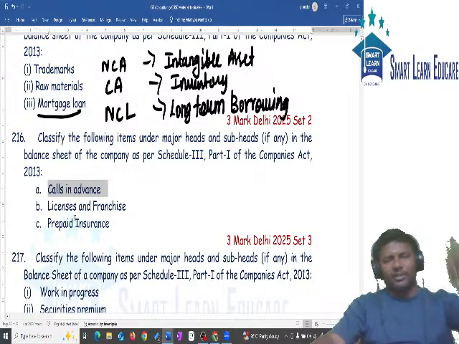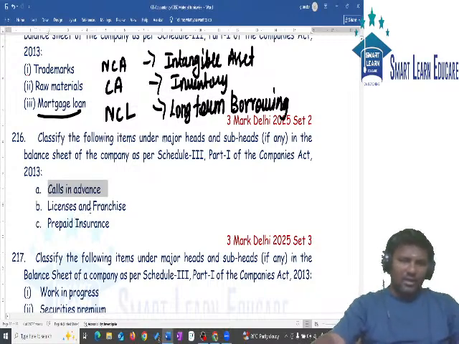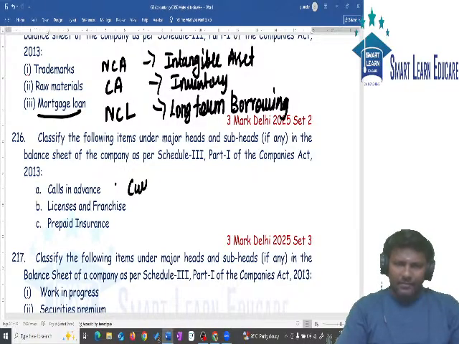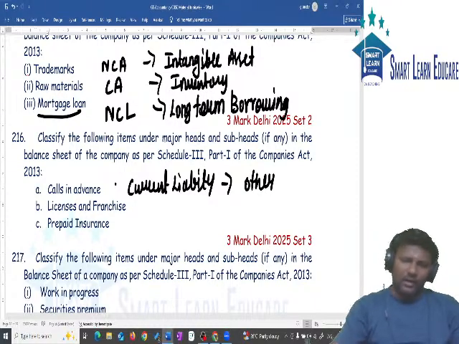Company has to repay this advance. So it is a liability. So it will come under what liability? Calls in advance will come under current liability. It has to be paid within a year. So current liability, and in that, calls in advance will come under other current liability.